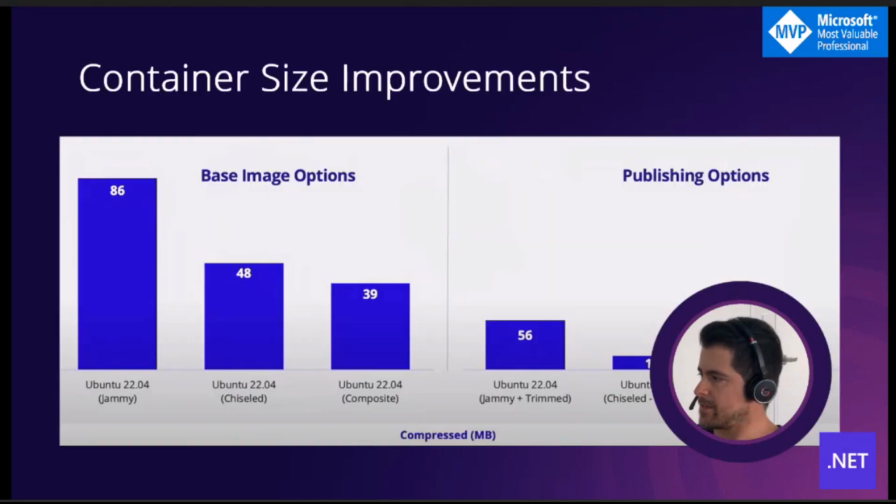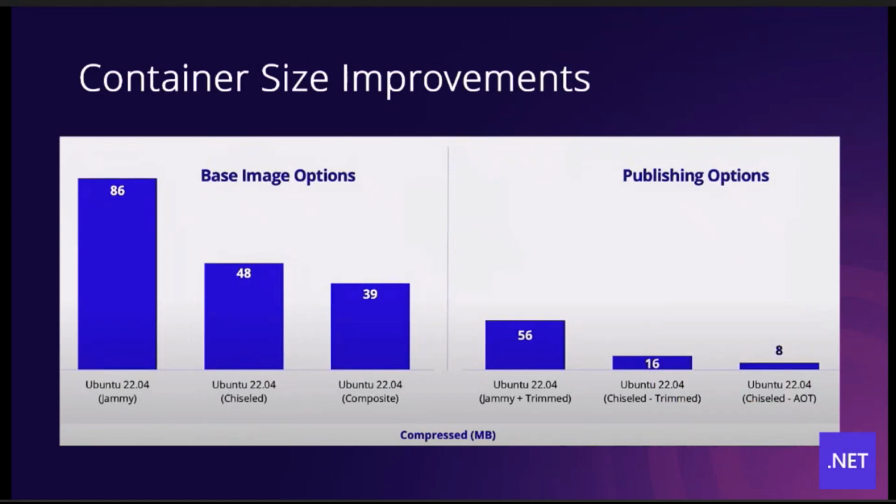Let me bring the full screen. What you're going to see here from the left side is an image and the improvements in size. From the top on the left, we have Ubuntu 22.04, whose code name is Jammy, and you can see this one is 86 megabytes compressed.